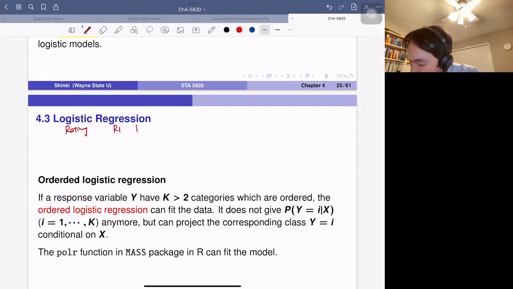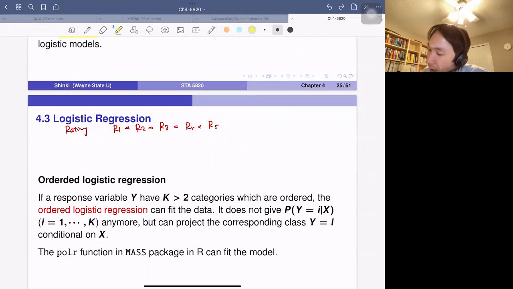So maybe rating 1, rating 2, rating 3, rating 4, rating 5. So we have order. Also, we don't really know if these are in an equal interval. Maybe R1 is much more terrible than R2, but R2 and R3 are similar. That's possible. So at least we have order.